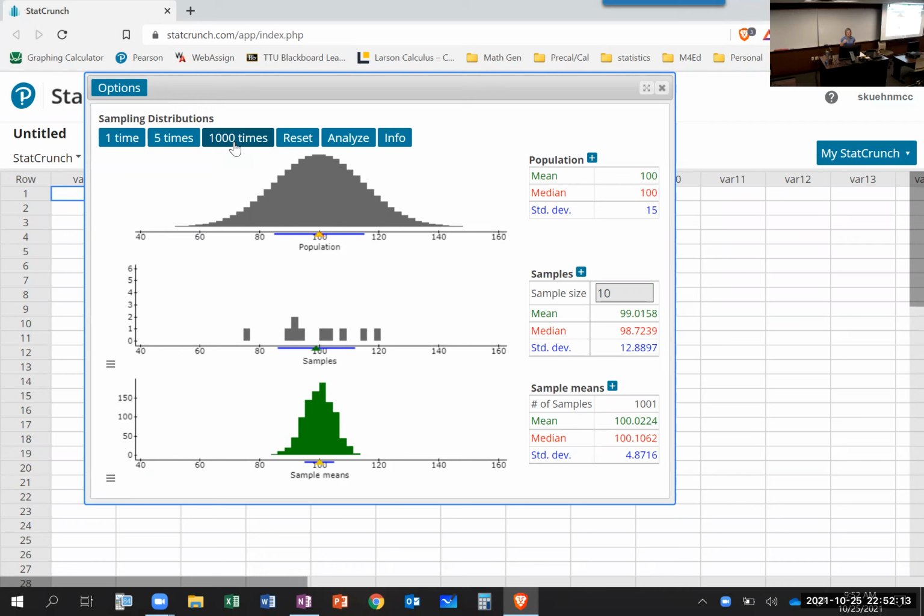Somebody tell me then, describe for me the shape of the sample means. It's bell-shaped, all right. How does it compare then to the population? It's not as symmetric as the population.